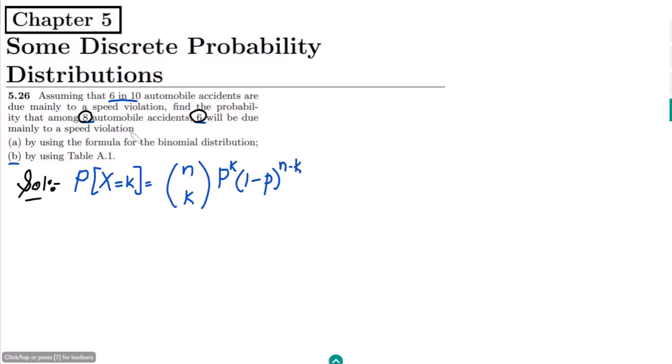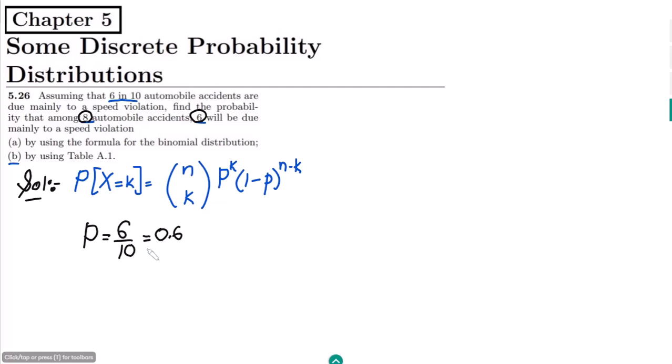Okay, looking at it here, what information did we get? We can very clearly see that 6 in 10 automobile accidents are due mainly to speed violations. So from it we can find the probability of these automobile accidents, and that is 6 out of 10, which is 0.6.